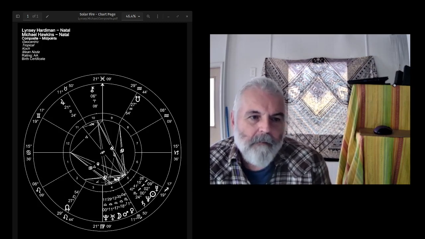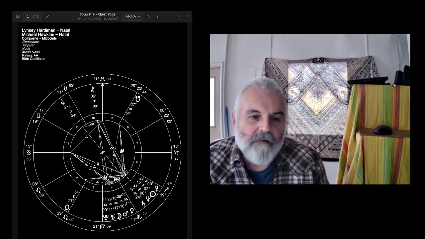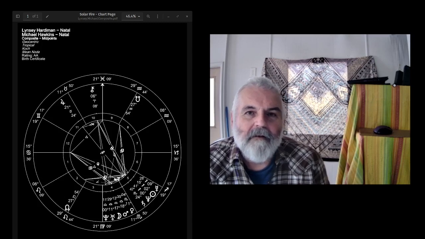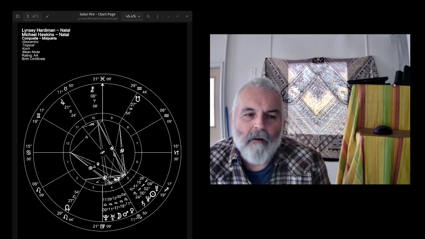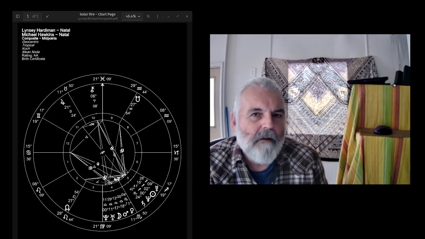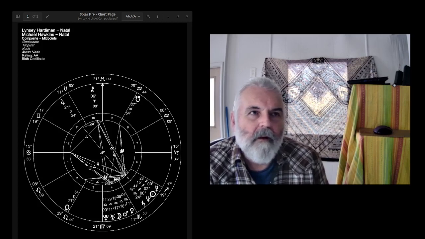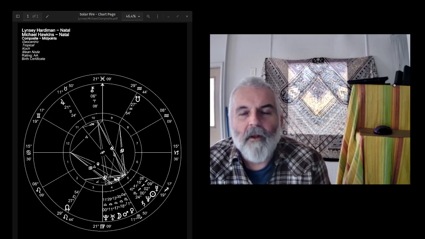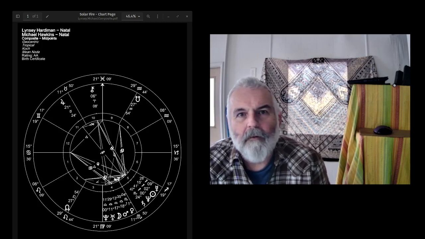And here with South Node Aquarius in the 8th house, at the end of the 8th house, there's this suggestion of an ability to navigate the depths from a place of a higher perspective, a spiritual perspective.